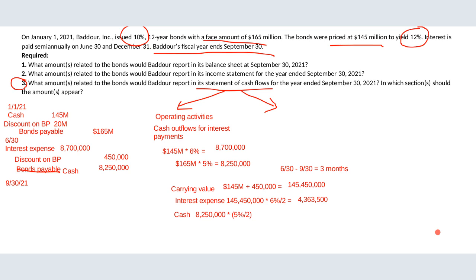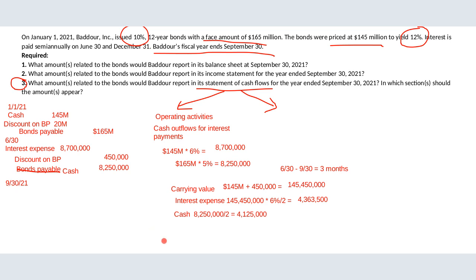Guys, what am I doing? What's wrong with me? Okay, cash is 8,250,000 divided by 2, which is 4,125,000. Thank you.